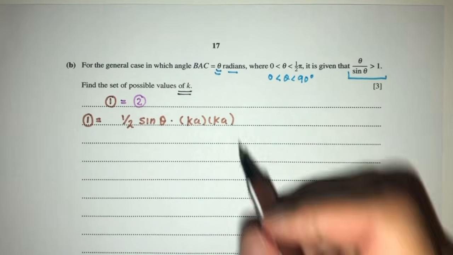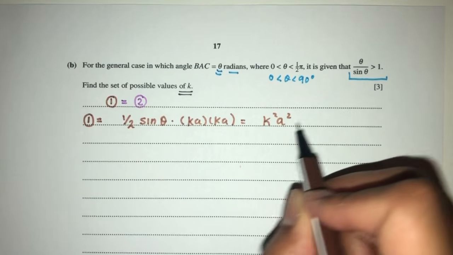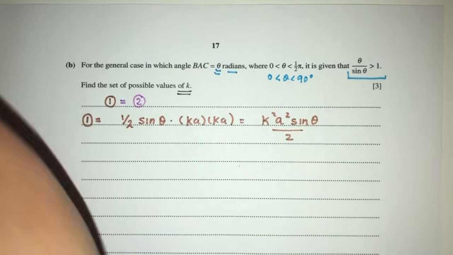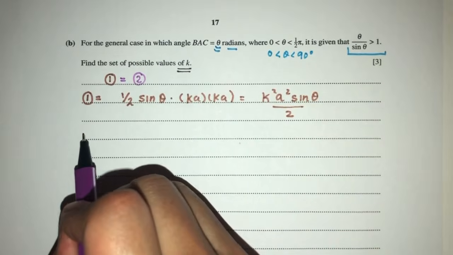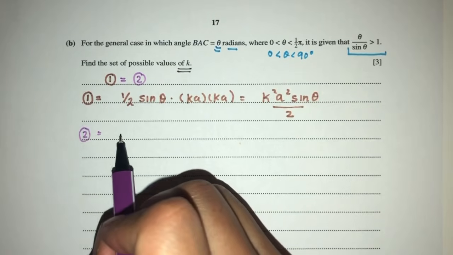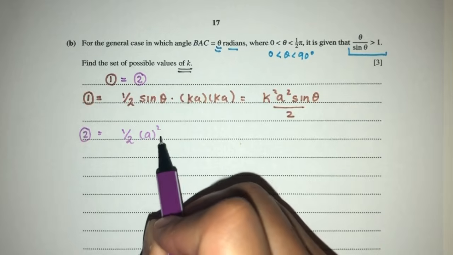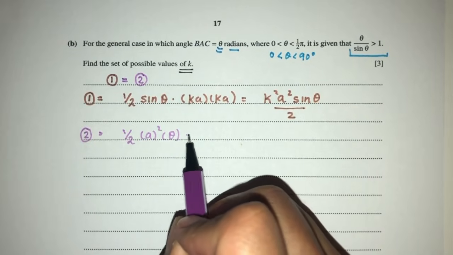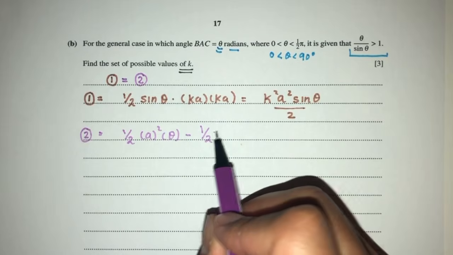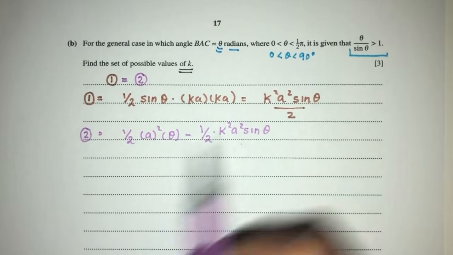So that would be k squared a squared, and then here we have sine theta over 2. That is number 1. Now for number 2, the area was the whole area, which is half r squared, the radius was a, times the angle, minus the area of number 1, which is k squared a squared sine theta.